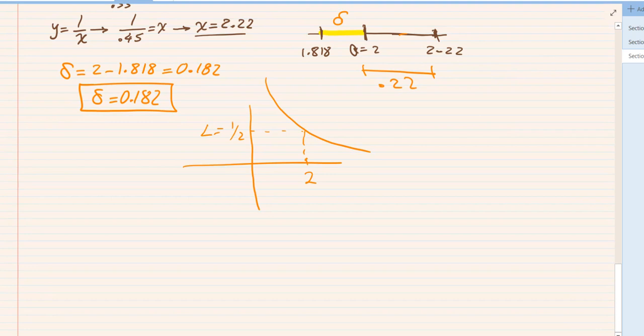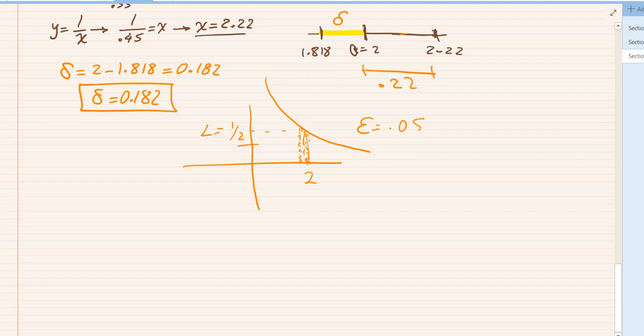When I get closer to 2, I'm going to be very close to 1/2, aren't I? Anything nearby, near 2, is going to be very close to 1/2. So I'm doing better on that epsilon of 0.05.